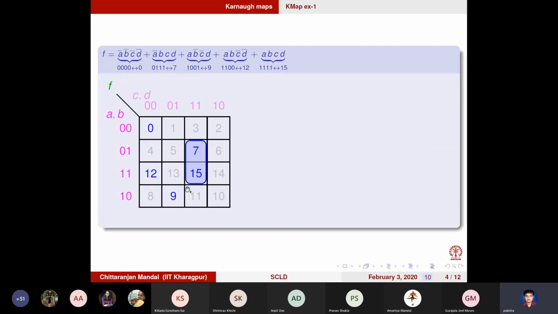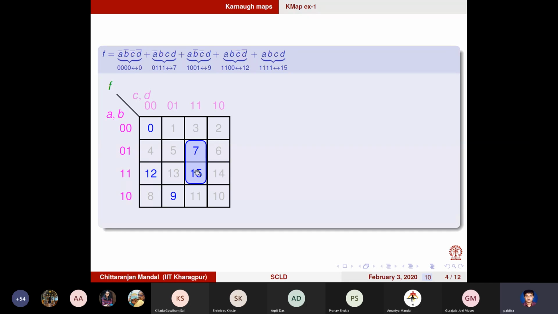So this is a 2-cell cube, and once you identify such a cube, you can easily identify the variables which can be eliminated if we consider the whole cube. There's an easy way to eliminate the variable. You write down all the true minterms that lie inside the cube, and you see which variable is present both in complemented and uncomplemented form.